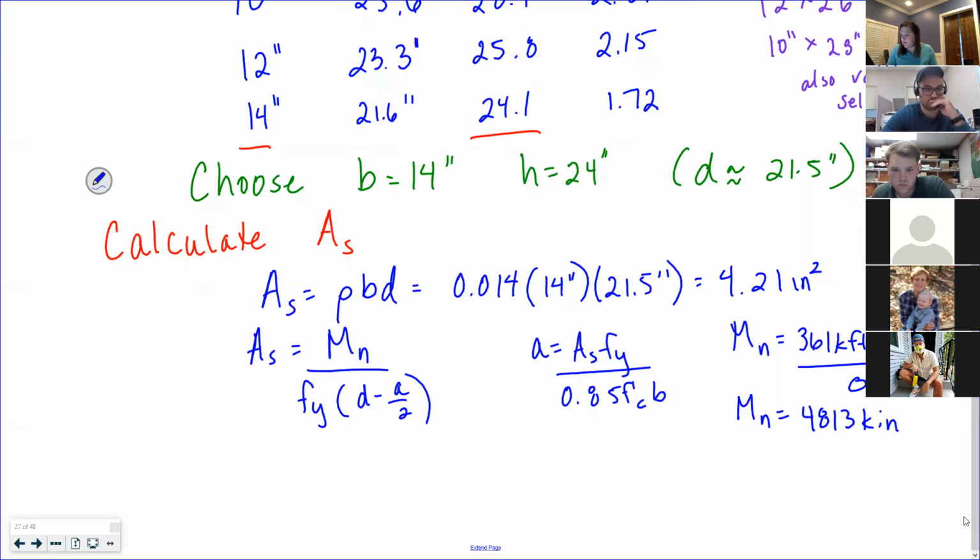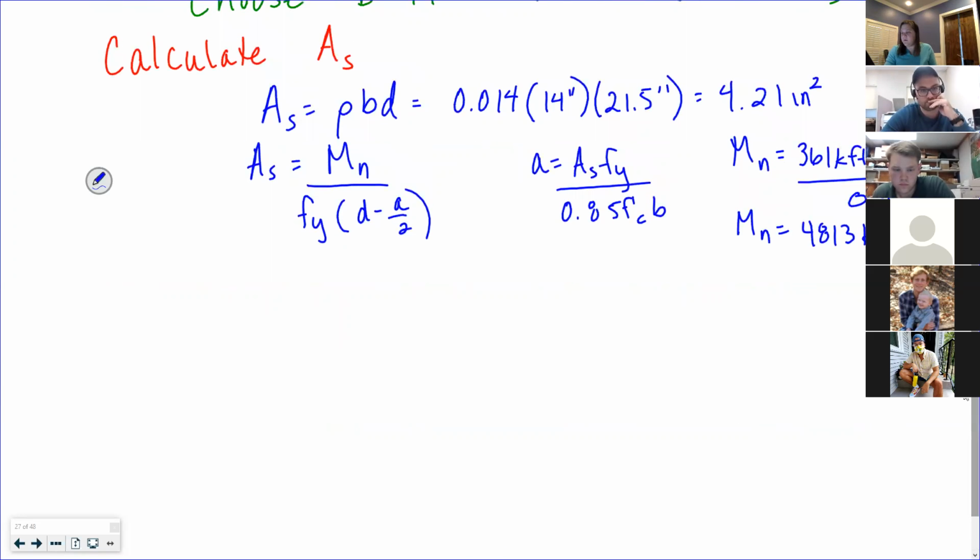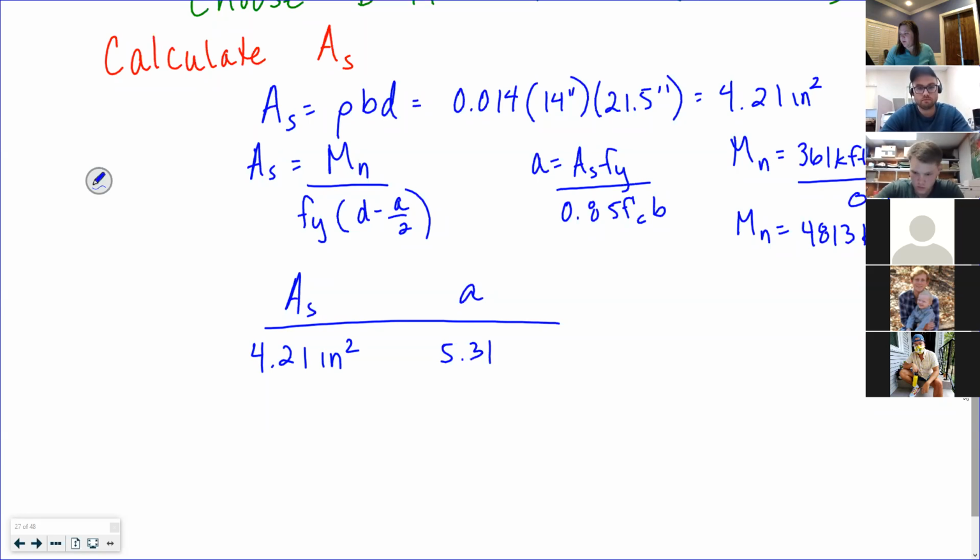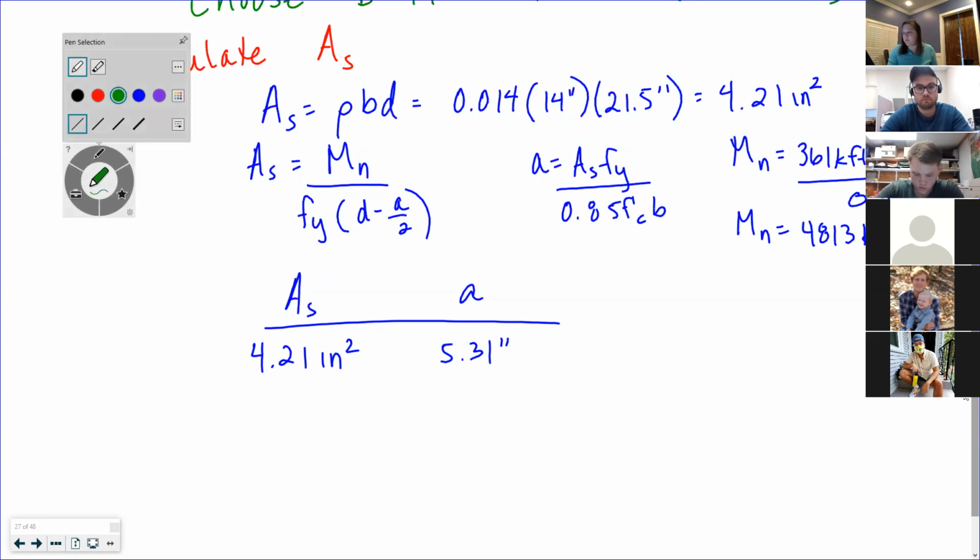Then it gave me, I made my little chart. Started with 4.21. Gave me A of 5.31. Gave me an area of steel of 4.26, which is an A of 5.47. And an area of steel of 4.26 again.